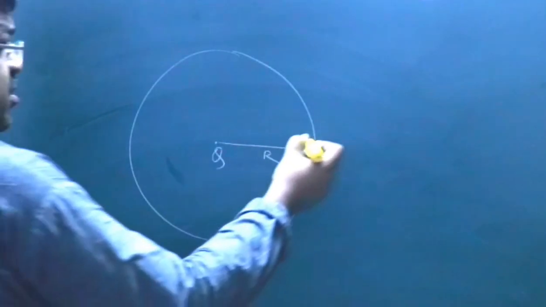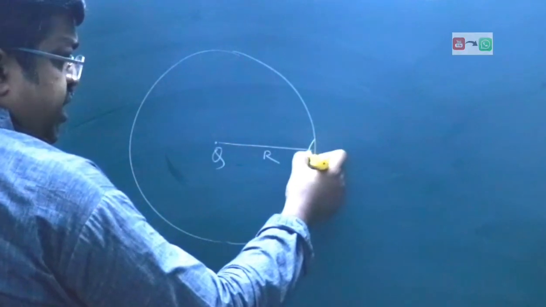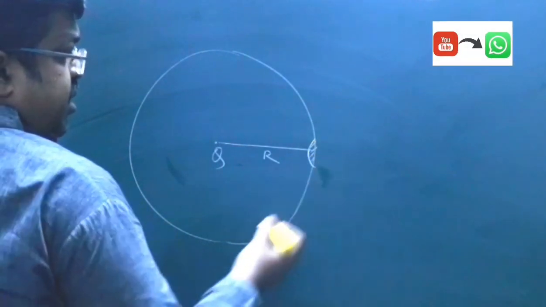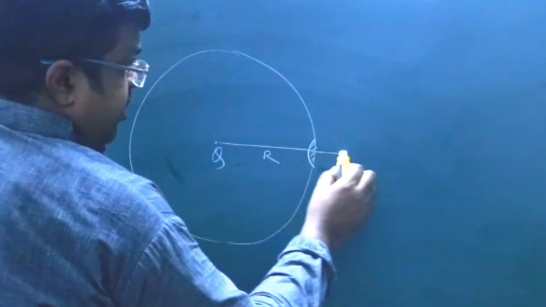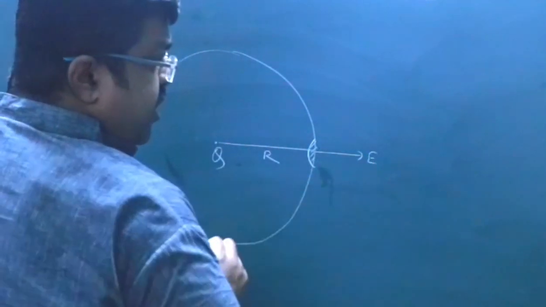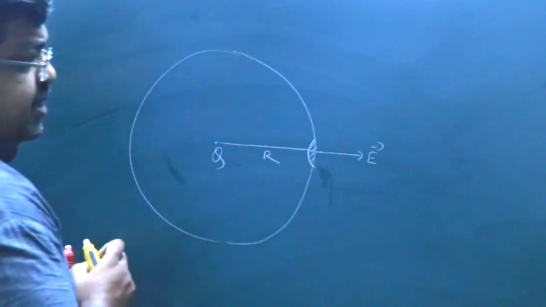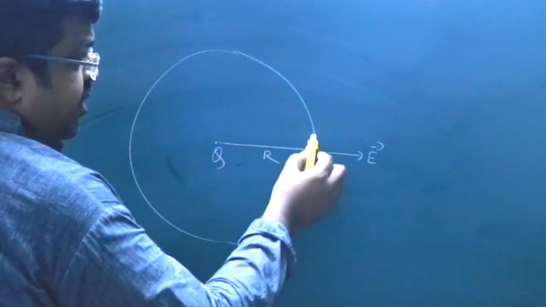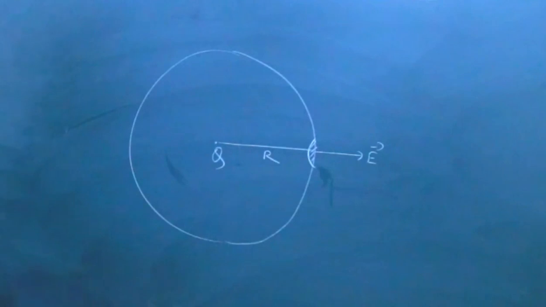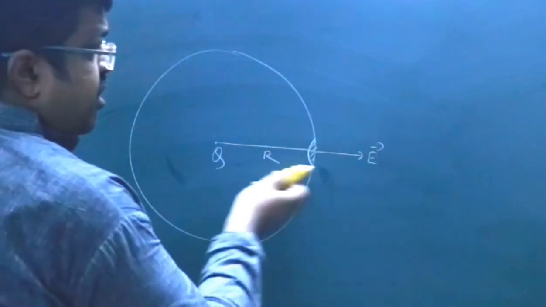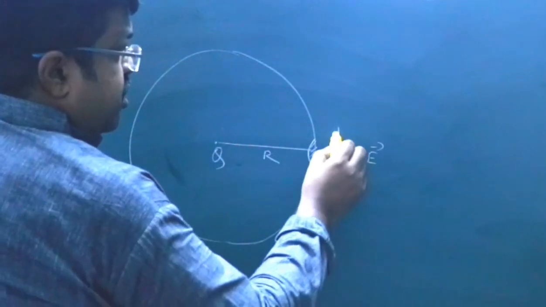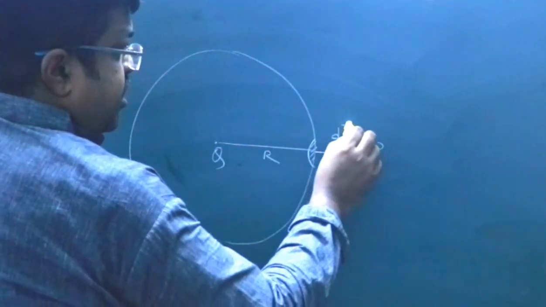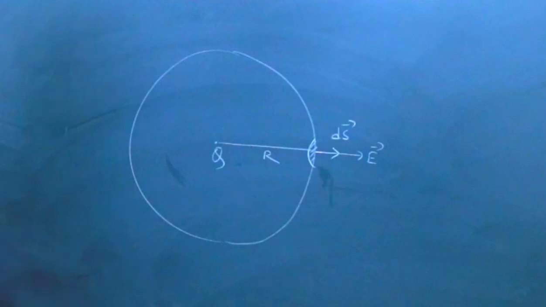Now if we take a small area at this particular point, the electric field intensity is directed in the outward direction, and since this is a sphere, the area vector will be radially outward, normal to this point, so it will also be in this direction. So this is the area vector ds for this small area.